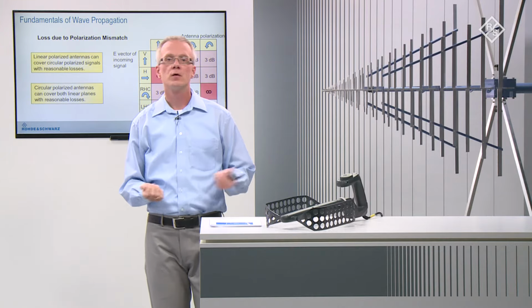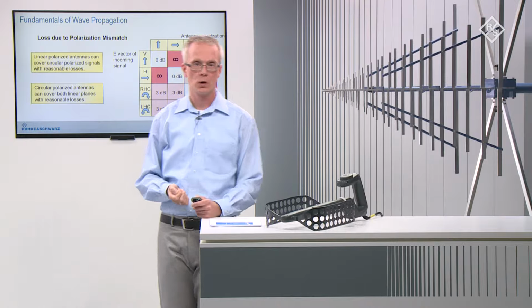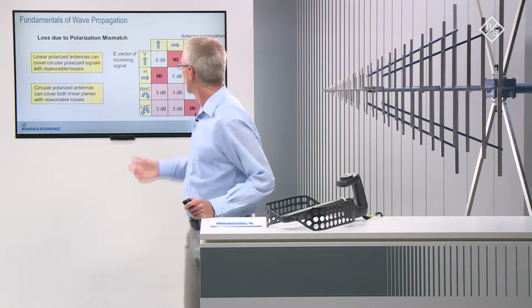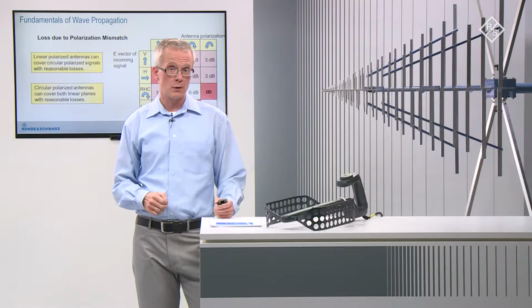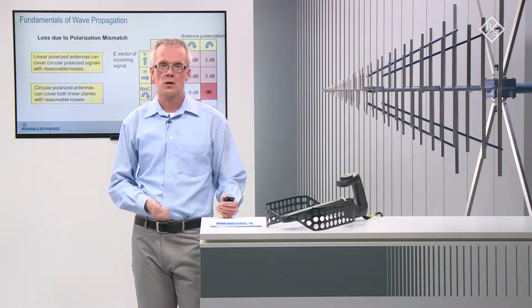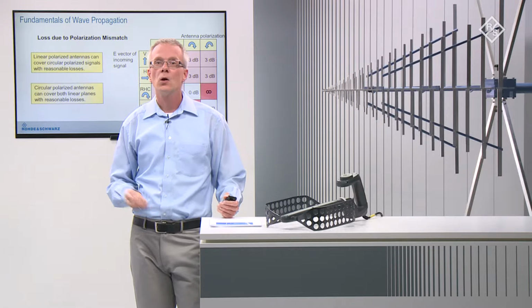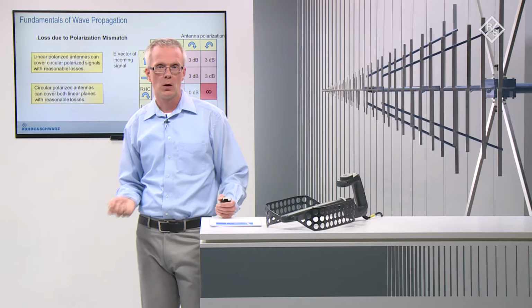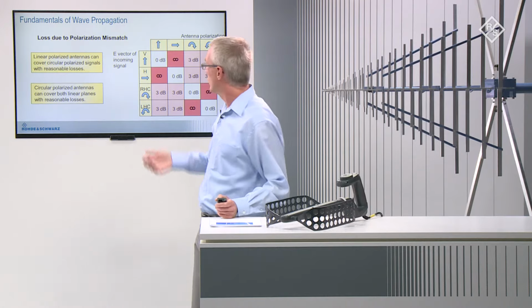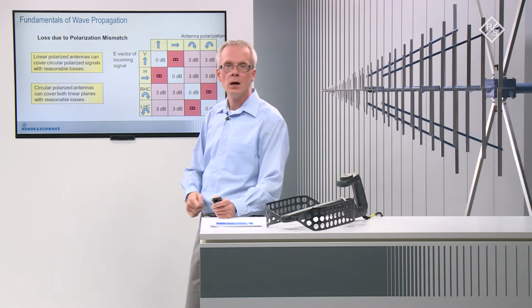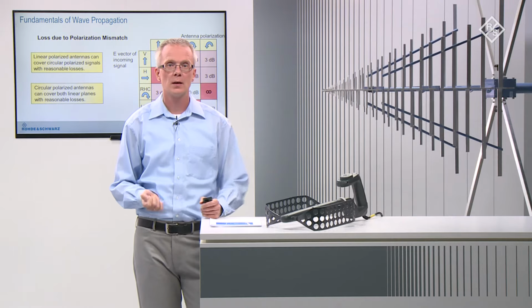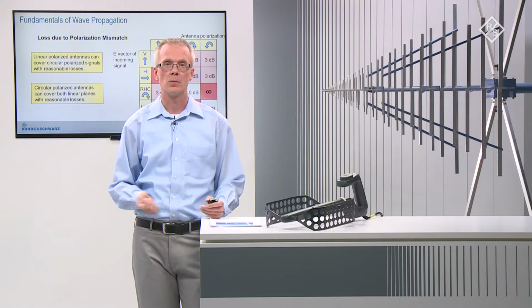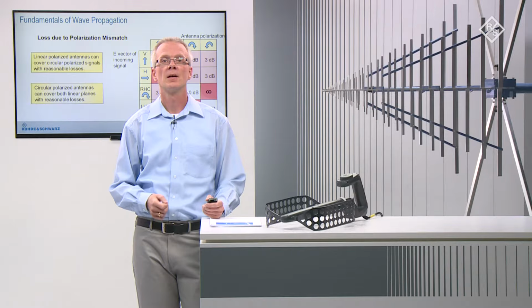Obviously, there is no additional loss when both polarizations are equal, as shown in the white fields. If we try to receive a linearly polarized signal with a circularly polarized antenna, we end up with an acceptable loss of 3 dB, shown in light red. The same applies to the case where a circularly polarized signal is received with a linearly polarized antenna.